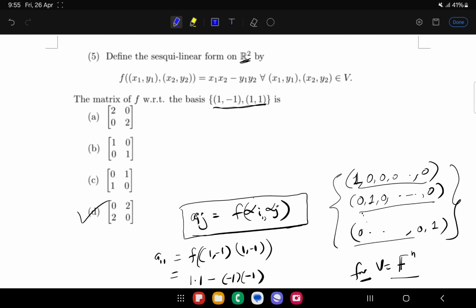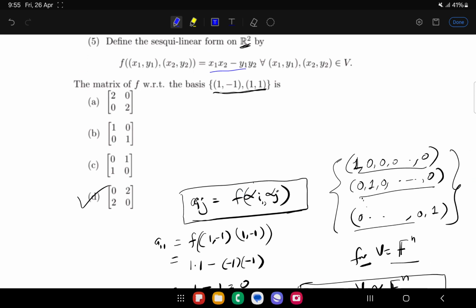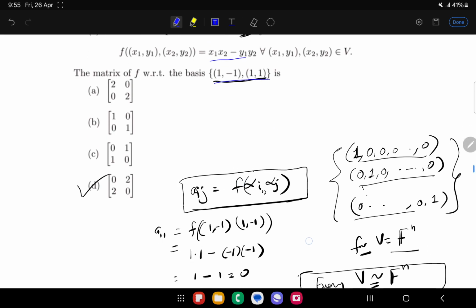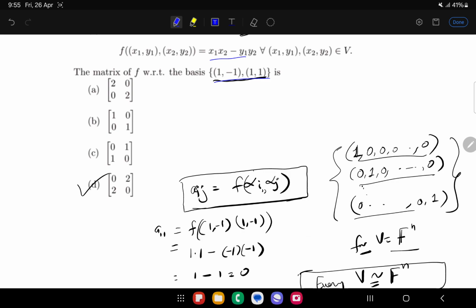Fifth question, sesquilinear form on R2 given by this. Matrix representation of f with respect to this basis will be, so this is your basis and you want to calculate matrix representation of f, then alpha ij will be given by this description.